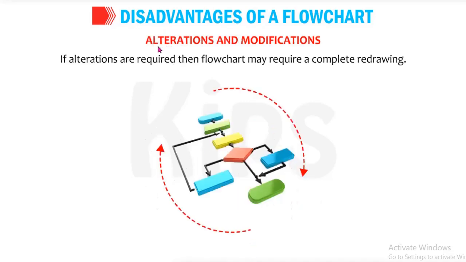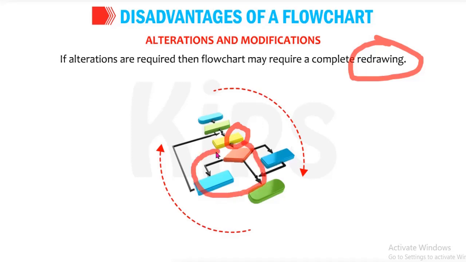Second one is alterations and modifications. If alterations are required, then flowchart may require a complete redrawing. What is it? Redrawing. Why? Because if we start from here and there may be a mistake here, then from here onwards all you have to change.